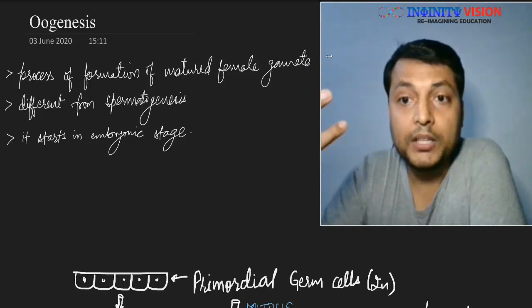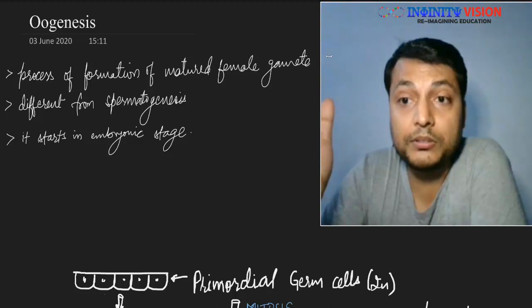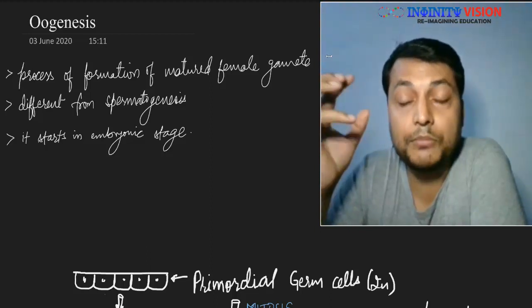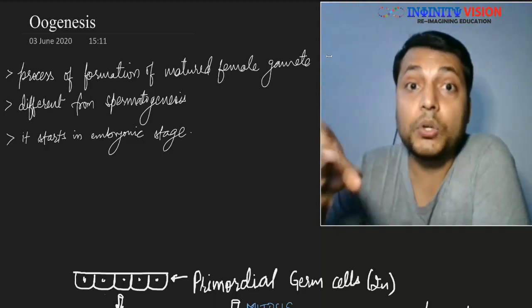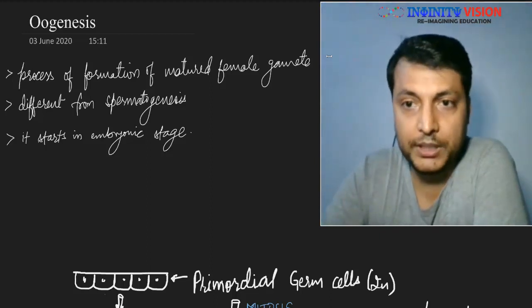So this is the major difference between oogenesis and spermatogenesis. Oogenesis starts in the fetal stage, in the late embryonic stage, whereas spermatogenesis only initiates after puberty or at puberty.